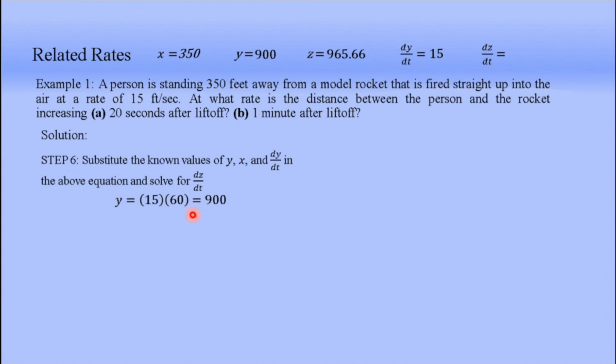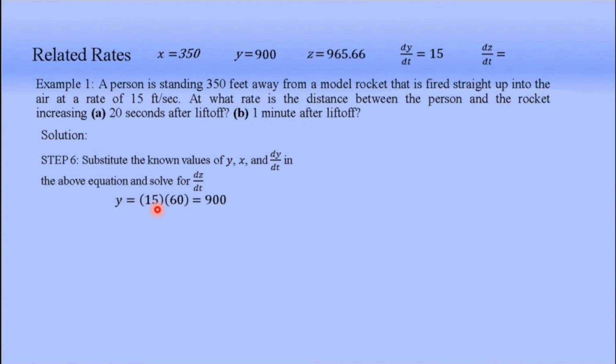So still, we're just going to multiply the derivative of y with respect to t, which is 15, times the given time here. So 1 minute, we're just going to use seconds as we have used in the previous one. 1 minute is 60 seconds.